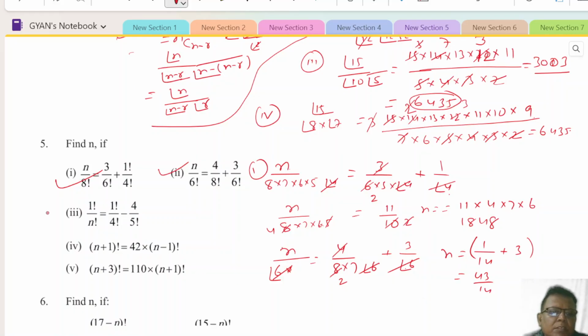Now come to this question. Factorial 1 divided by factorial n is equal to 1 by factorial 4 plus 4 by 5 into factorial 4. So that is equal to 1 by factorial 4, 1 plus 4 by 5.